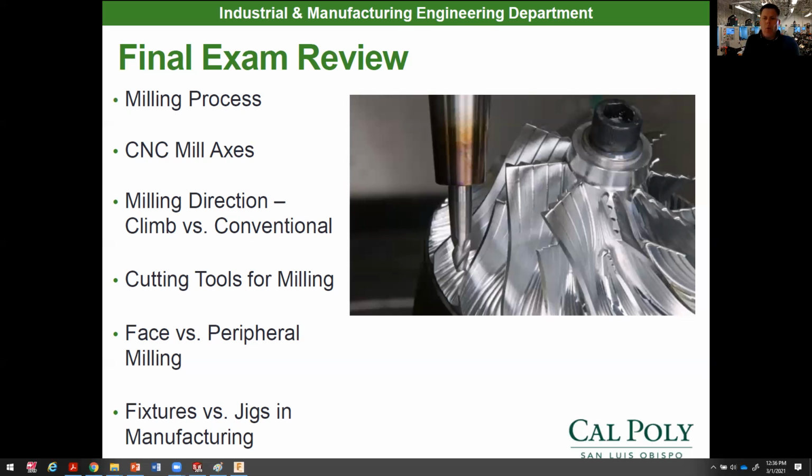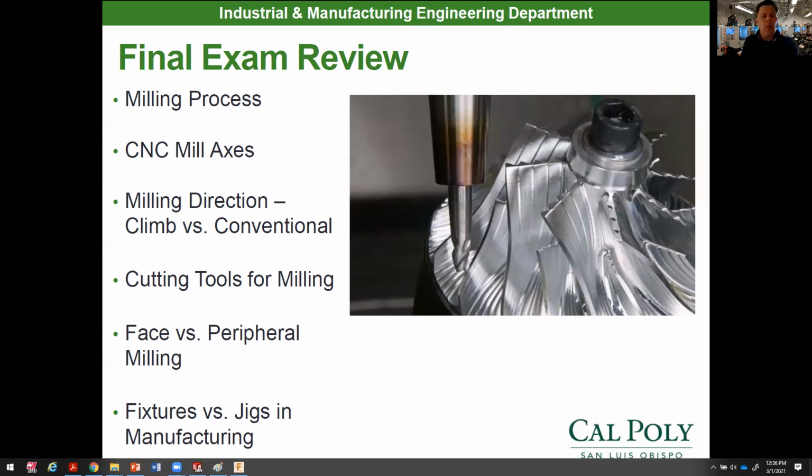Then when we're holding our workpieces in a CNC machine, a lot of the times we make specialty fixtures, if you remember that. So fixtures hold a workpiece in a specific location in a machine tool. Well, a jig was a little bit different. We used jigs in the screwdriver project to drill the cross hole through our cap's lug right there.